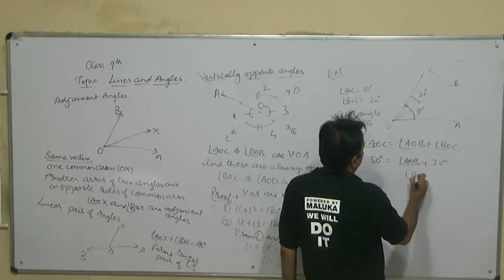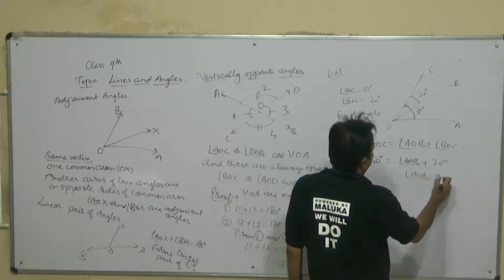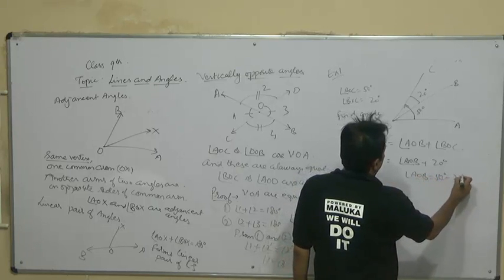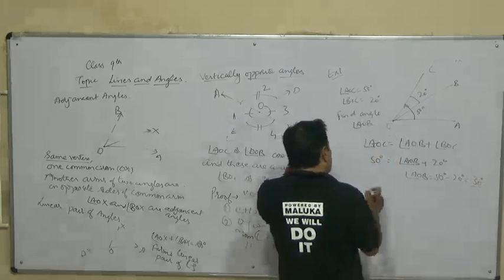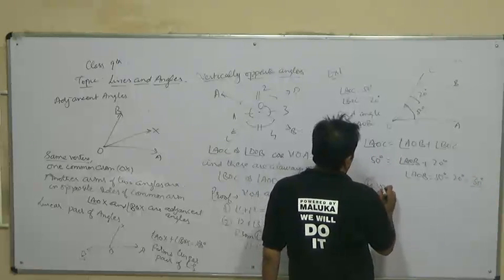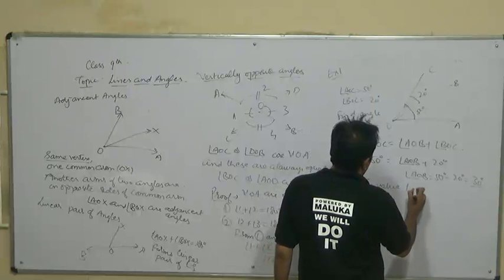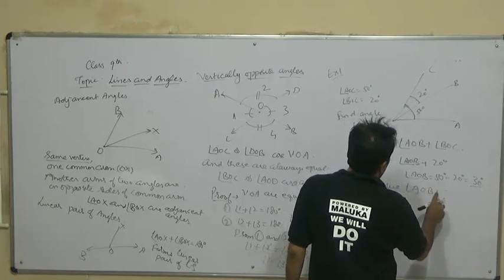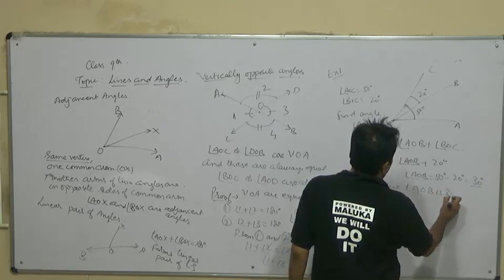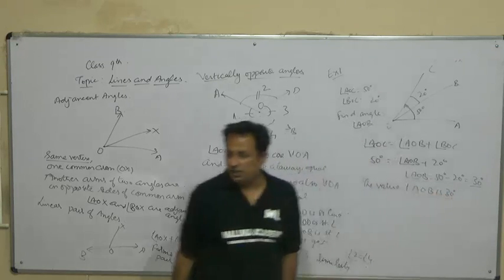So AOB will be equal to 50 degrees minus 20 degrees, which is 30 degrees. So the value of angle AOB is 30 degrees.